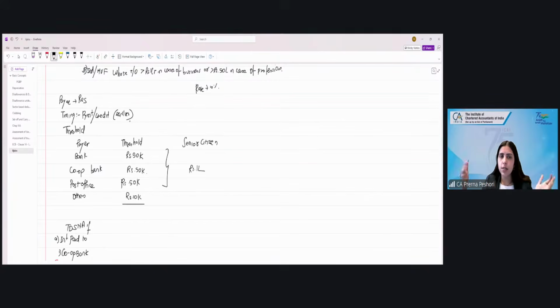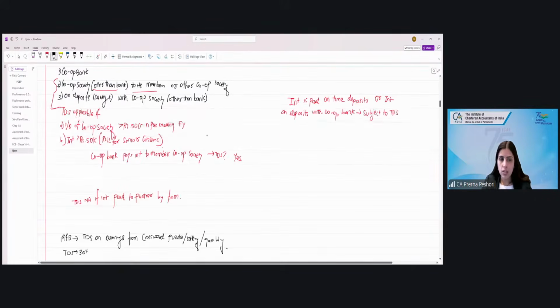Interest paid by a firm to partners. Is TDS applicable on that? No, right? So TDS is not applicable on the interest paid by the partnership firm to the partners. There is no TDS. Yes or no?